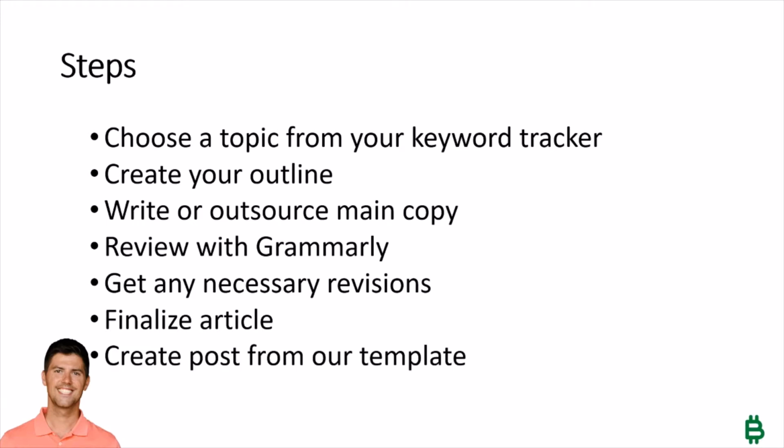So we're going to create that post from our template that we already have, that we're giving our writers the outline for, and then once we finalize the article, we're just going to get into the system, duplicate our template, fill it in as necessary with the content that we've received, and also find imagery.